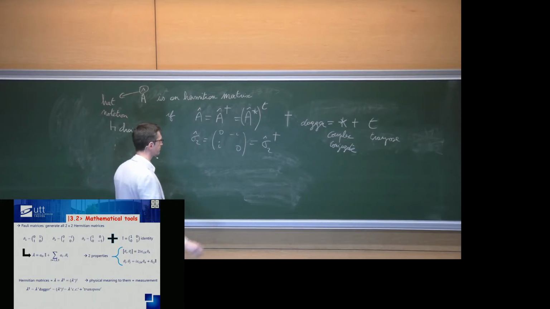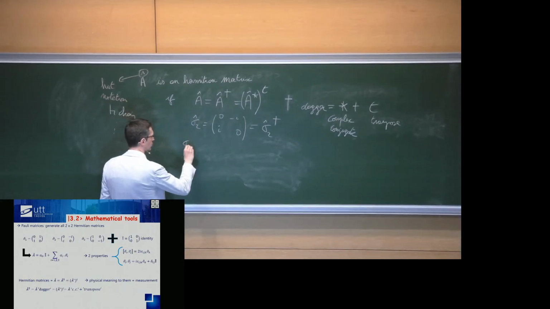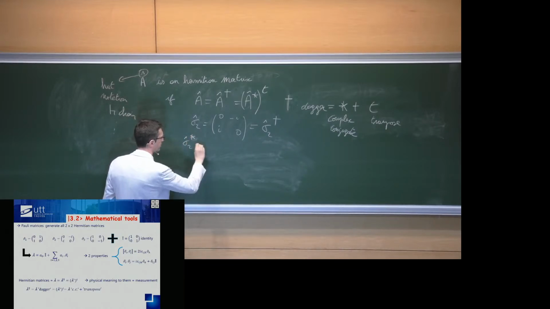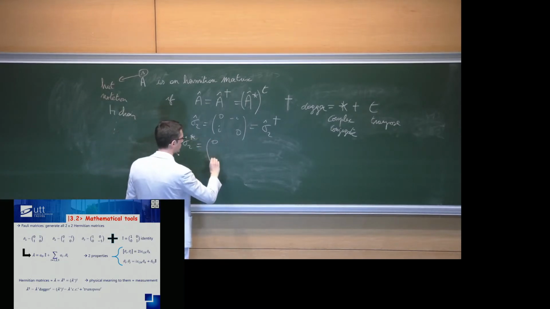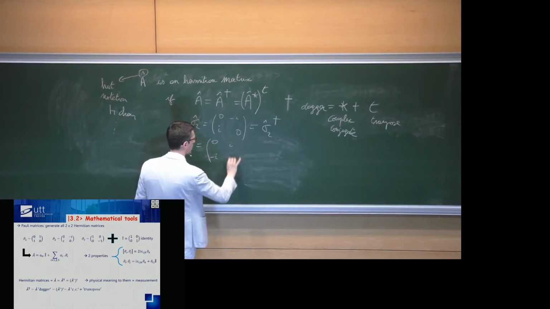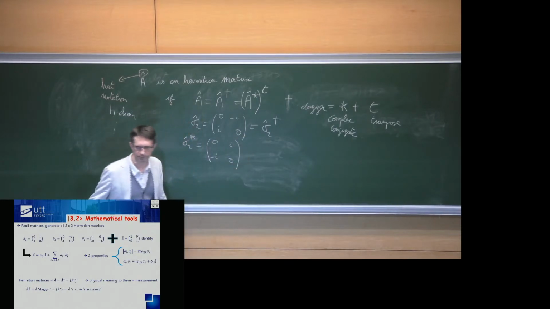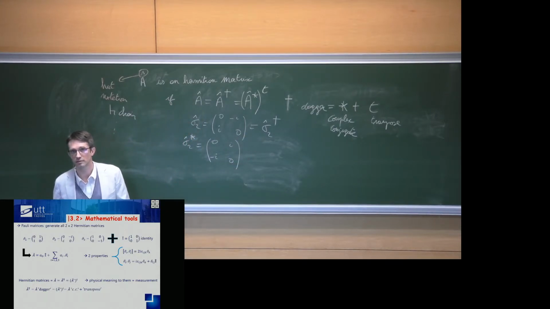Well, let's see. Sigma 2 star, the complex conjugate, is 0, minus i, i, 0. Right?